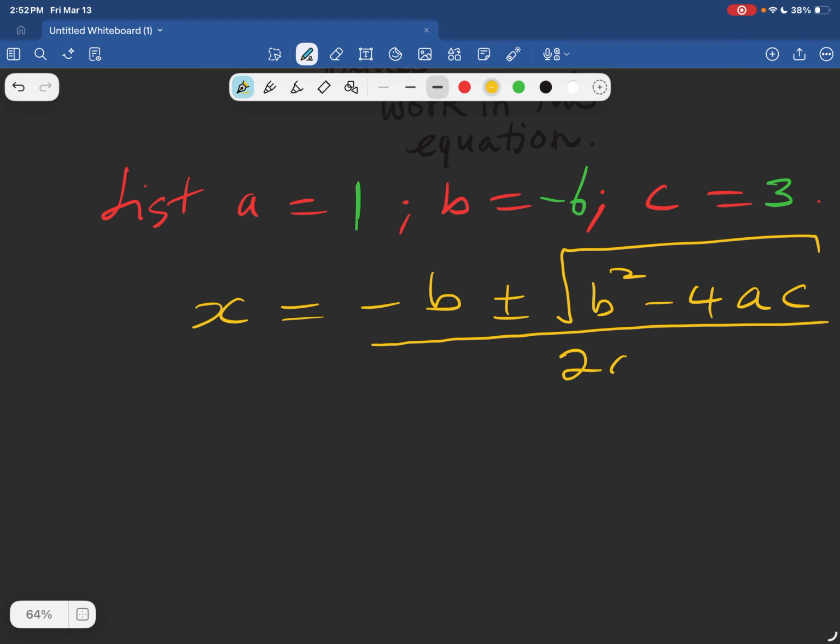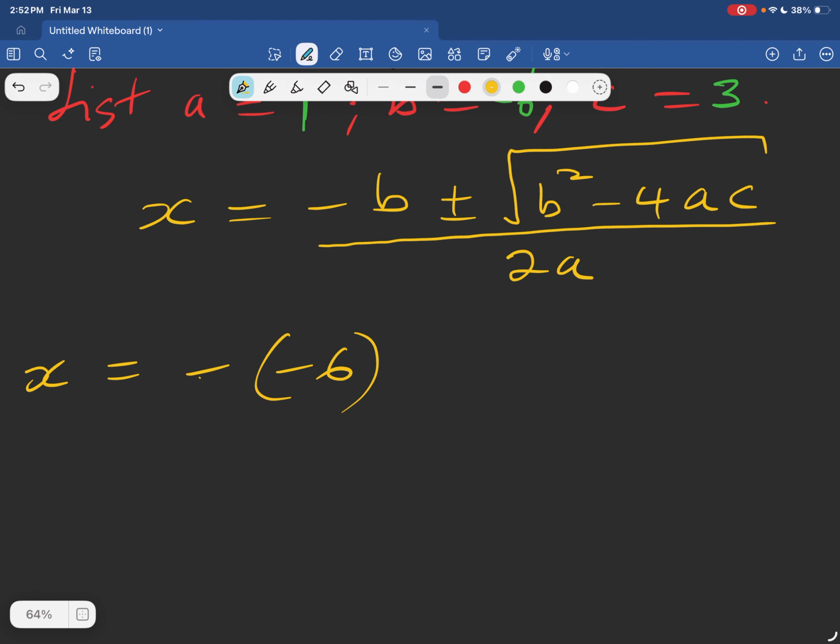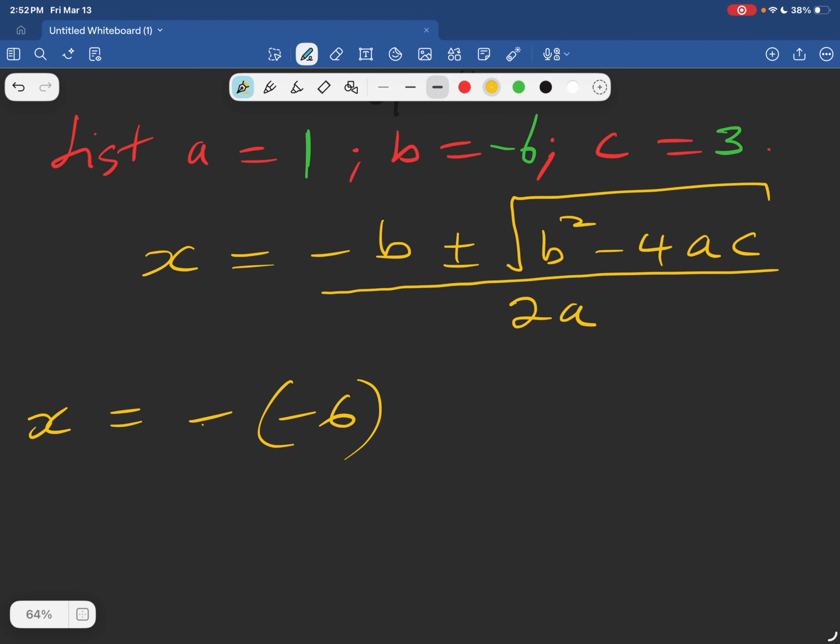Let's go ahead and make our substitutions. X equals the negative, you write that sign, and b is negative 6, you write that again. So we end up with the negative of negative 6, which we'll come to in the next line, plus or minus the square root of b squared, b is negative 6 squared, minus 4 times, what is a?